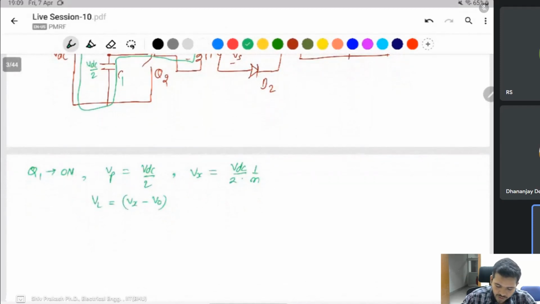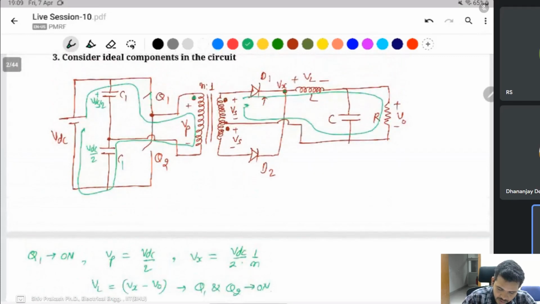Q1 and Q2 are off in this condition. If Q2 is on, this is closed, this one is open.